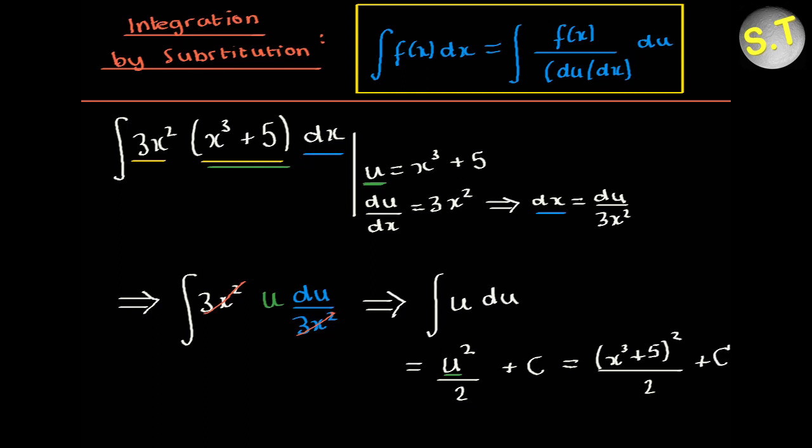So for u substitution to work, what we needed inside the integral was a function multiplied by the derivative of its function.